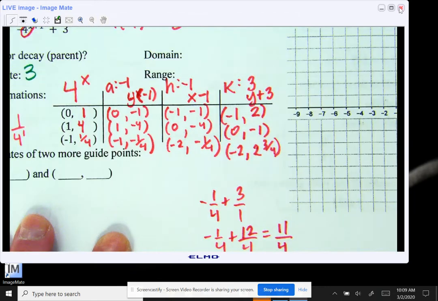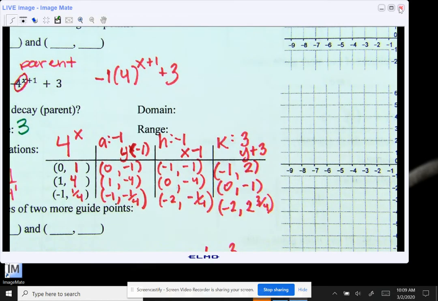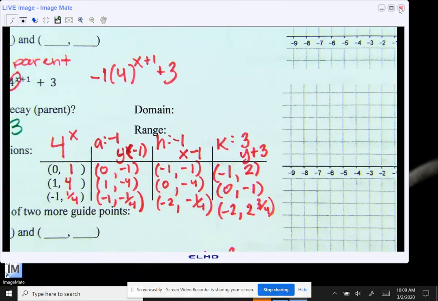All right. Now we know our asymptote is 3, so make sure that you mark that down on your graph. Use a dashed line. It's the only dashed line that you'll have. Remember, our curve stays solid. And our last set of ordered pairs are the ones that get graphed.